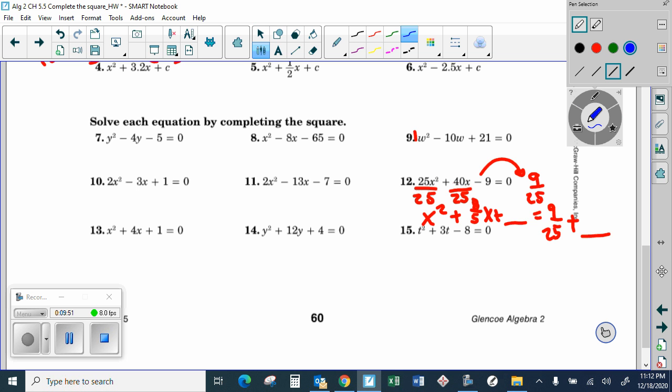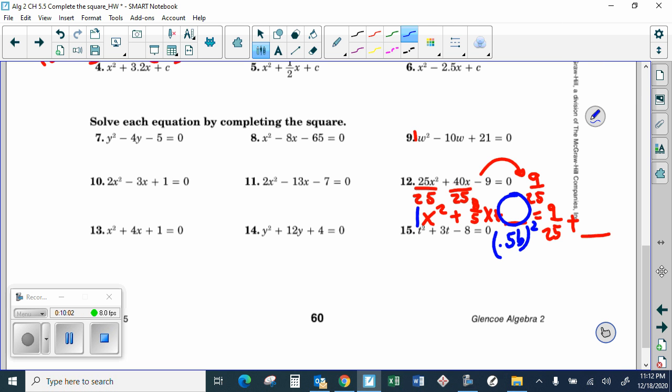So again, how do I get this right here? Half of b, squared, every time, because I got my leading coefficient down to 1. So half of 8/5 is 4/5. And then I square it, which makes it 16/25. What I do to one side, I must do to the other side, 16/25.